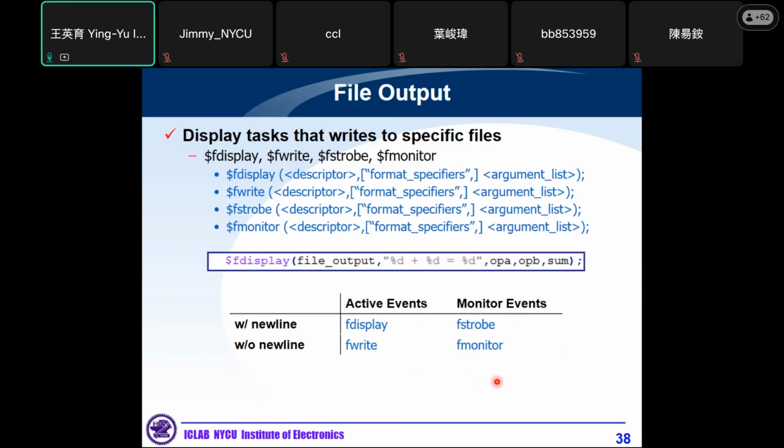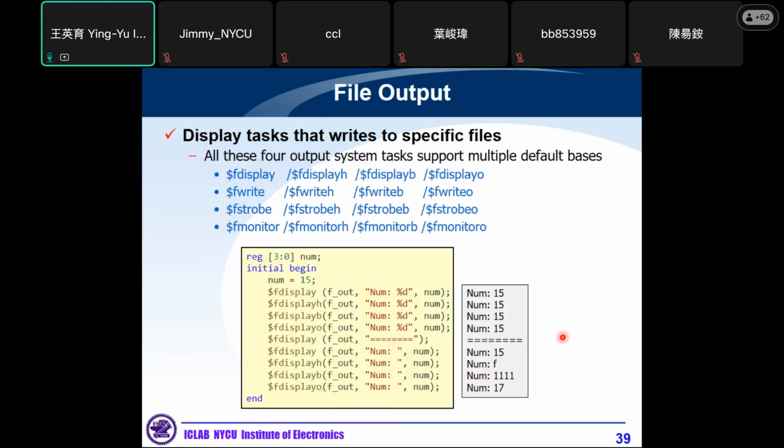For now, just remember that $fdisplay and $fwrite execute at the same time, whereas $fstrobe and $fmonitor execute at another timing. All 4 commands can output data to a file, but the main differences are whether they add a new line and the execution order in simulation.